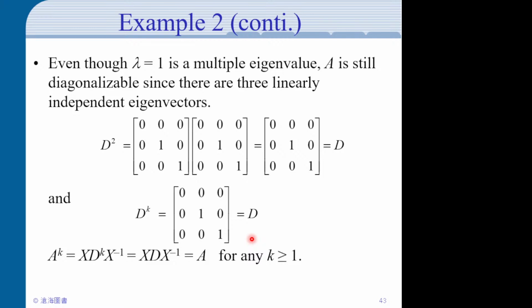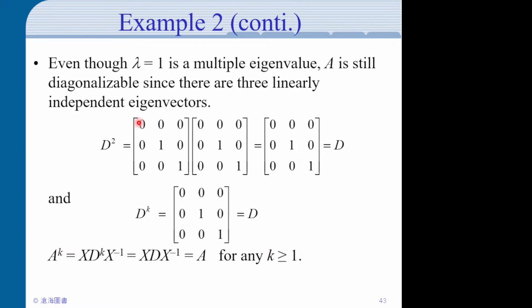Here we are a little lucky because lambda equal to 1 is a multiple eigenvalue. So even though we have lambda equal to 1 as a root of order 2 for our characteristic polynomial, you still have 3 linearly independent eigenvectors, so we can diagonalize it.